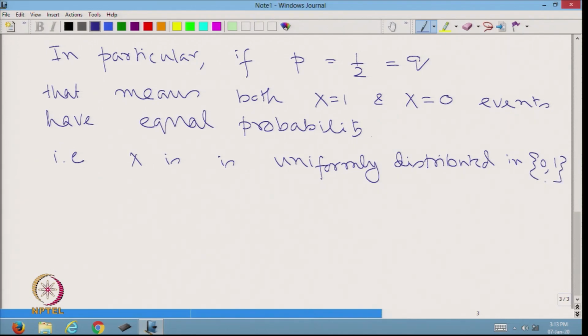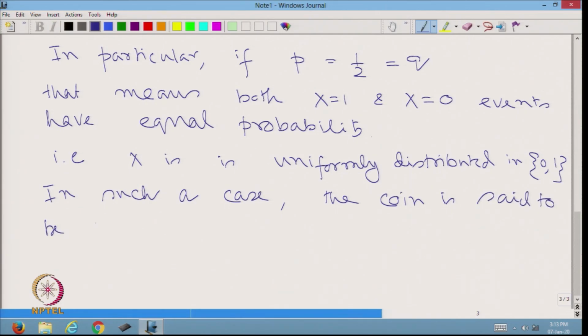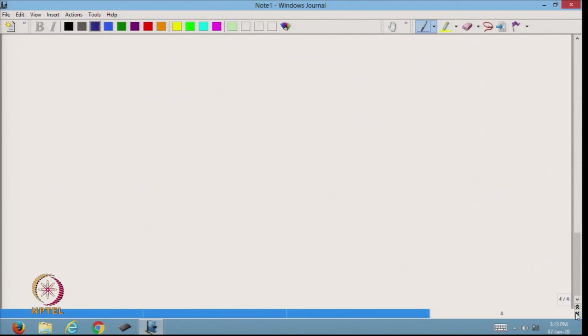This is a set of two values, and in such a case the coin, that is the coin being used for tossing, is called unbiased.